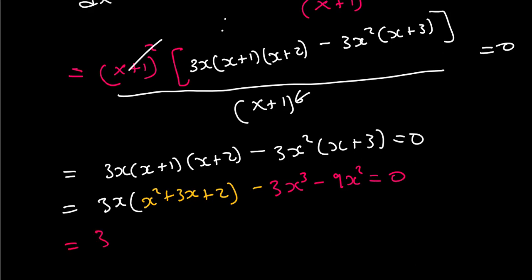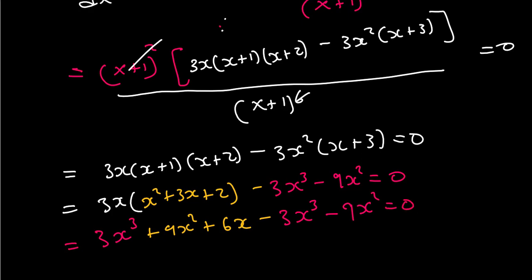So we expand: 3x cubed plus 9x squared plus 6x, minus 3x cubed, minus 9x squared is equal to 0.